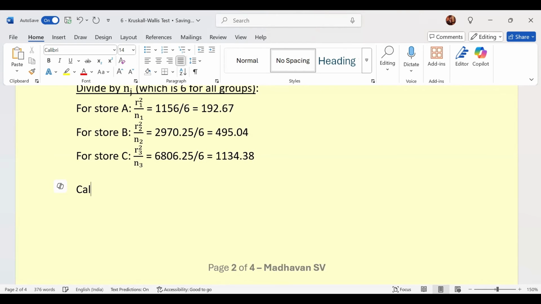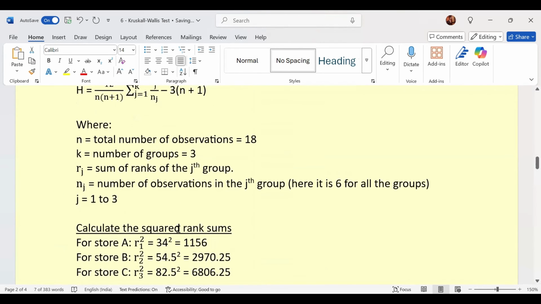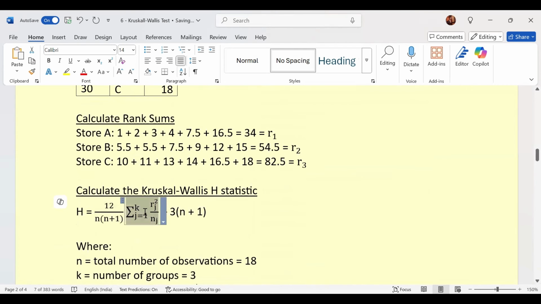Next is calculate the sum of the above values. What are we trying to do? We are trying to find out this value. Which one? This entire value.